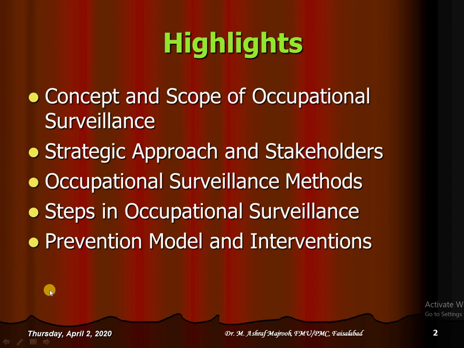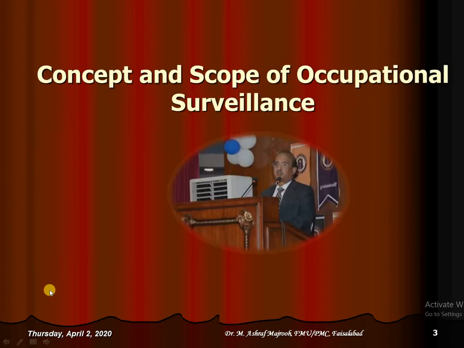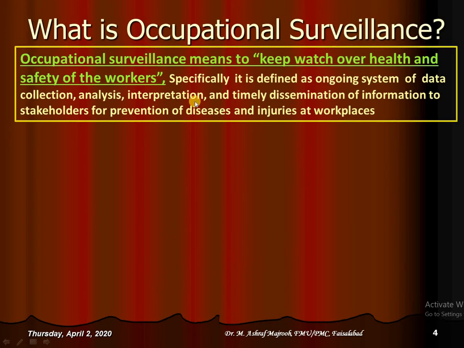So first of all, the concept of occupational surveillance. Occupational surveillance means to keep watch over the health and safety of the workers. Specifically, it is defined as an ongoing system of data collection, analysis, interpretation, and timely dissemination of information to the stakeholders for prevention of diseases and injuries at workplaces.